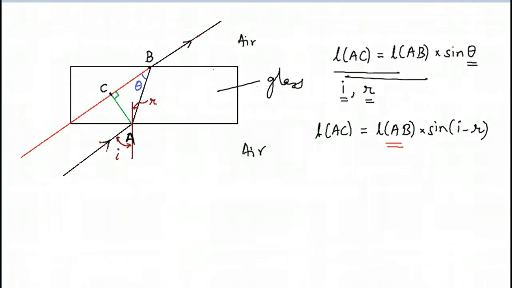The only distance or length mentioned in the question is the thickness of the glass slab, this one, which is given to be T. So somehow there must be a method to express length AB in terms of the thickness of the glass slab, namely T. To do so, I have to form another right angled triangle, and this time the right angled triangle must contain side AB as one of its sides, and it must contain the thickness of the slab, this thing which I have drawn over here.